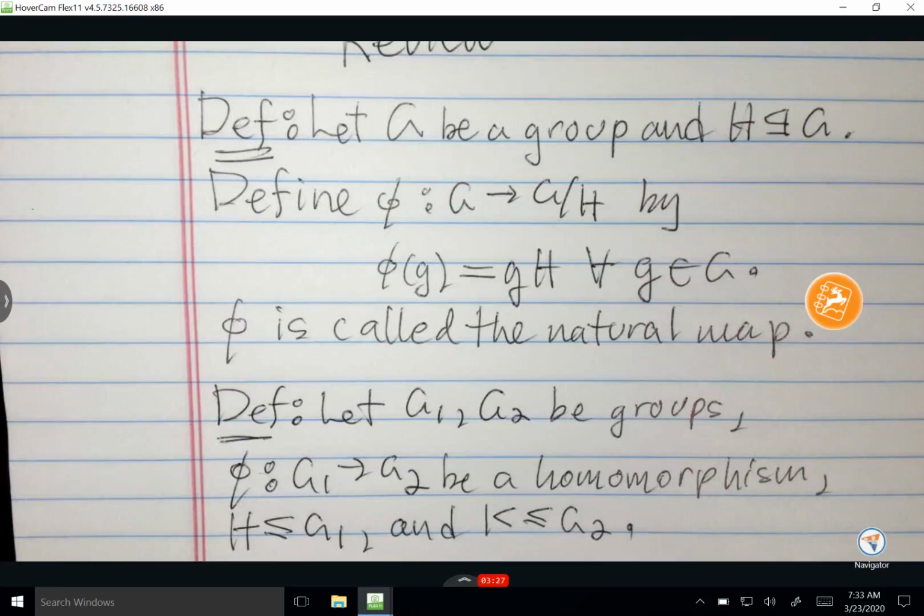Then you can define several things. Okay, so these are just definitions.